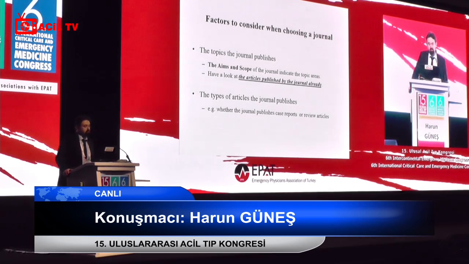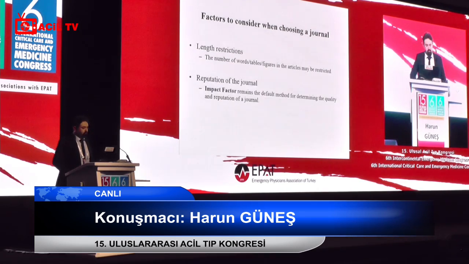The types of articles the journal publishes is also important. If you want to publish a case report or a review article, you should find out whether the journal publishes these types of articles. And length restrictions are also important. The number of words, tables or figures may be restricted by the journal, and you should consider these factors also.